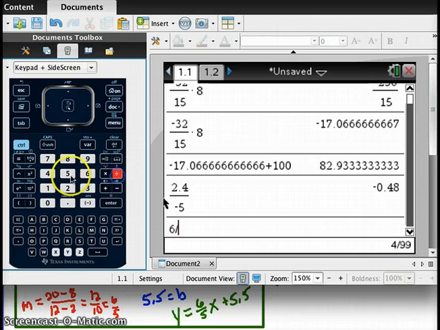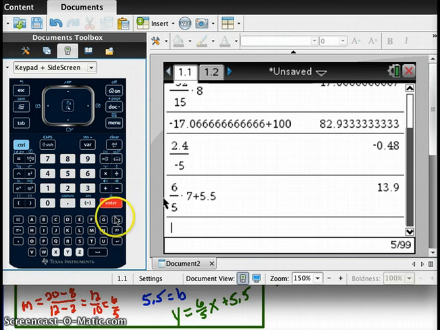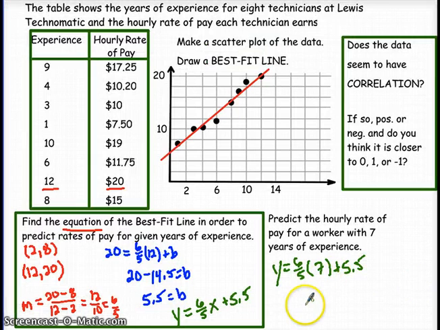So 6/5 times 7 plus 5.5, and it comes out to about 13.9. So y equals $13.9 per hour.